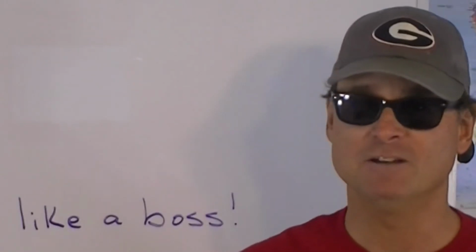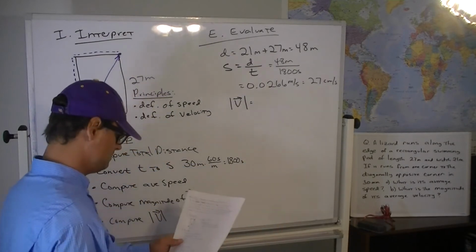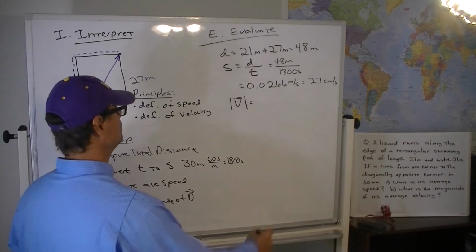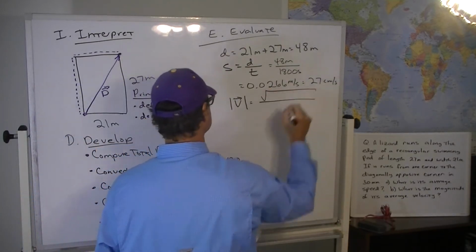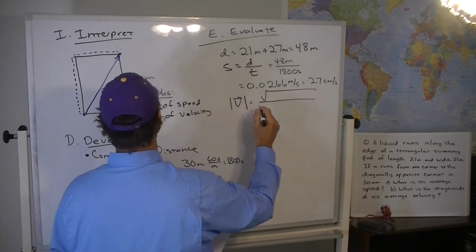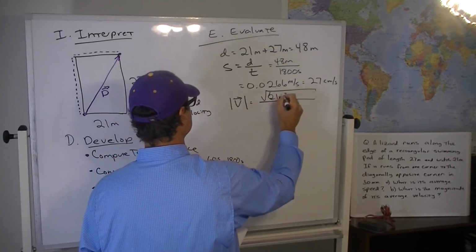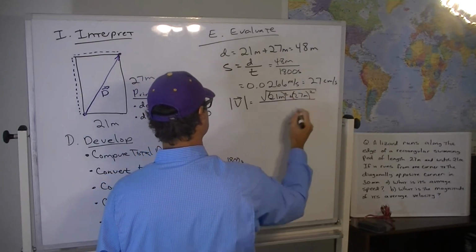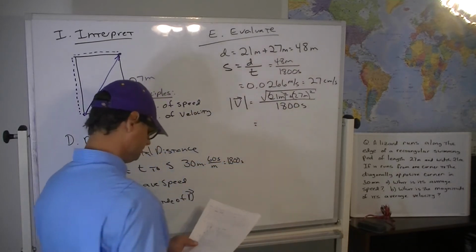is the displacement over the time. So we need to compute the magnitude of the displacement. And that's just Pythagoras. It's the square root of the sum of the squares, 21 meters, quantity squared, plus 27 meters, quantity squared, divided by the same 1800 seconds.